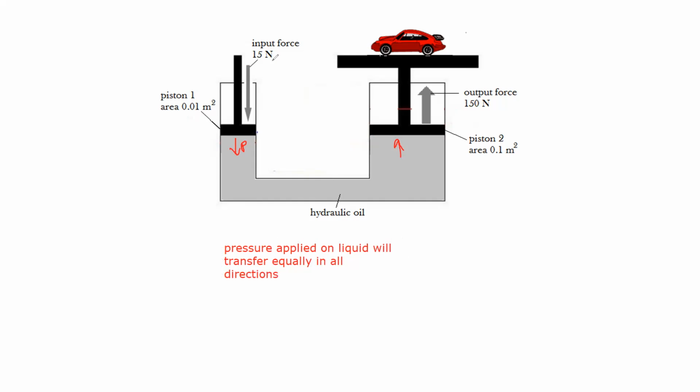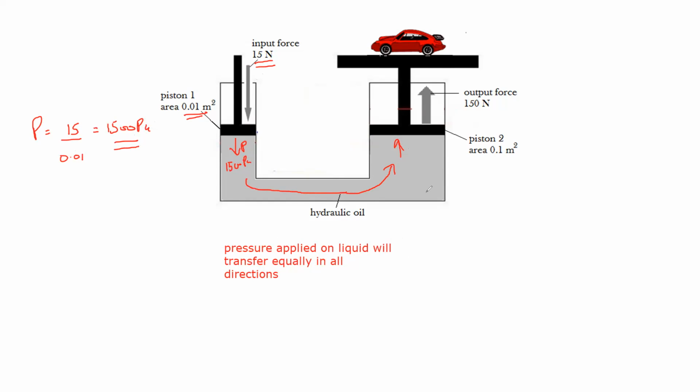So we are applying a force of 15 Newton on the area of 0.01. So what pressure did we apply? A force of 15 and area is 0.01. So the total pressure which we create is 1500 Pascal. So according to Pascal principle, a Pascal law, when a pressure is applied on the liquid, it will transfer the same pressure in all the directions.